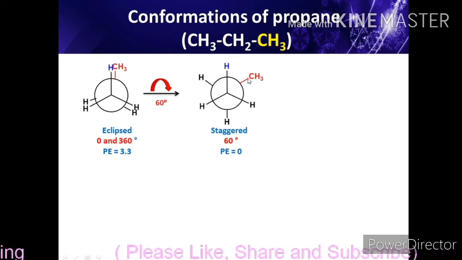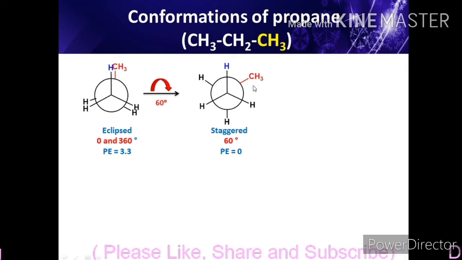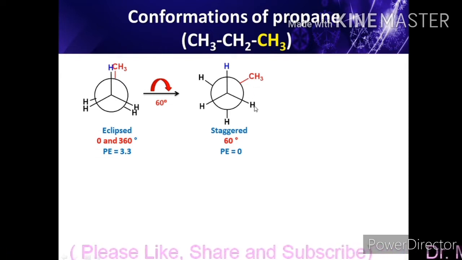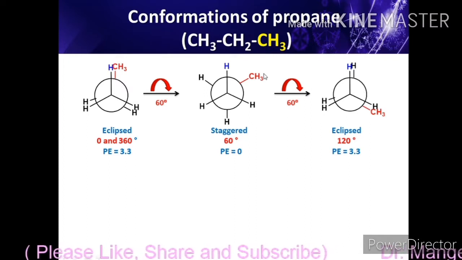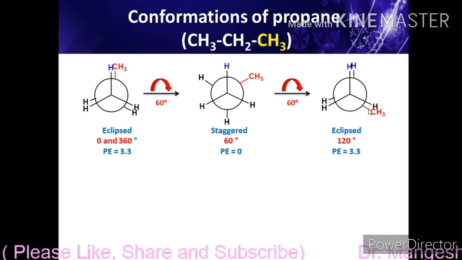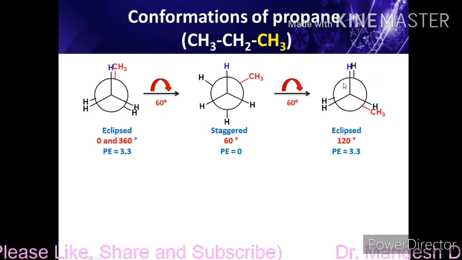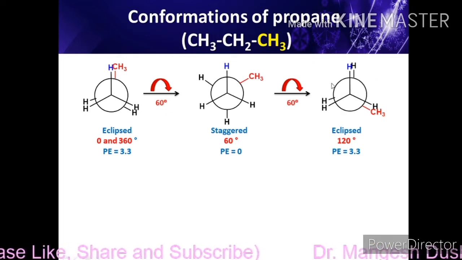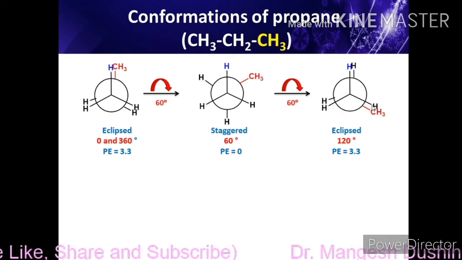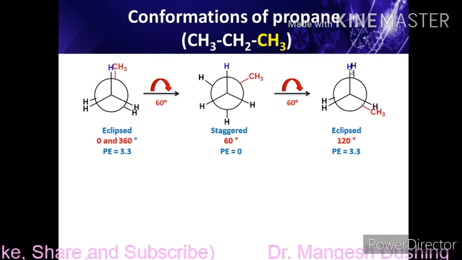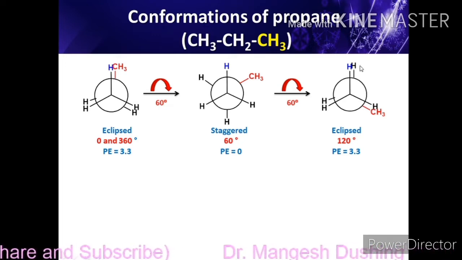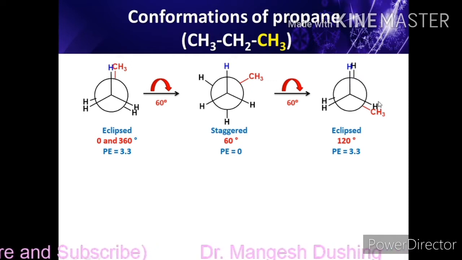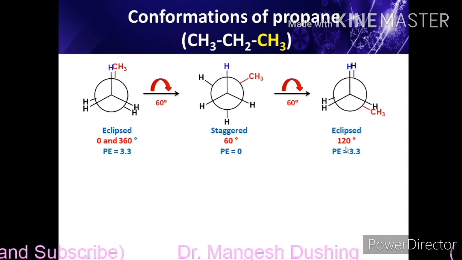After rotation again by 60 degrees, this methyl comes over here. This is the next conformation. So again we will get the eclipsed conformation. As we know that all the hydrogens are the same, this is just the observational hydrogen. So the angle between this observational hydrogen and this methyl is 120. So the dihedral angle is 120.